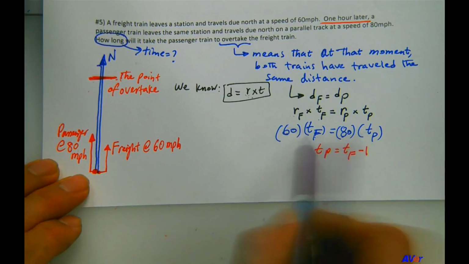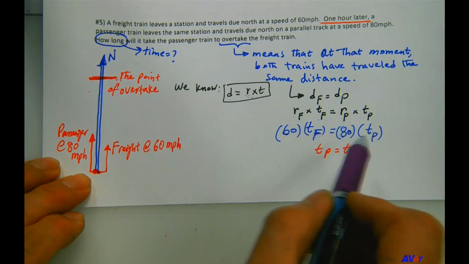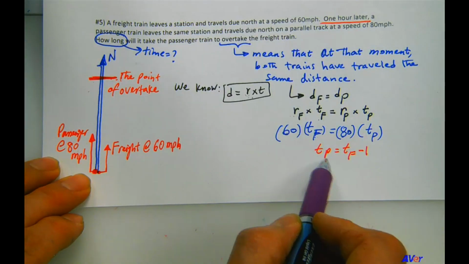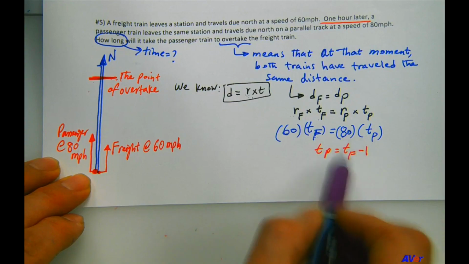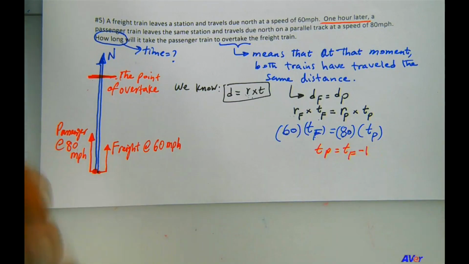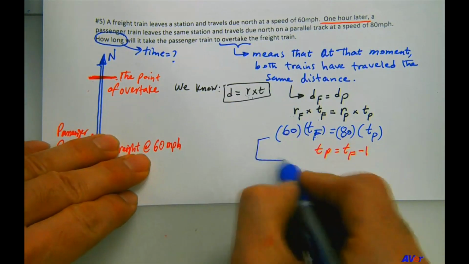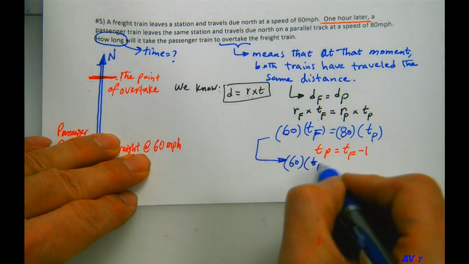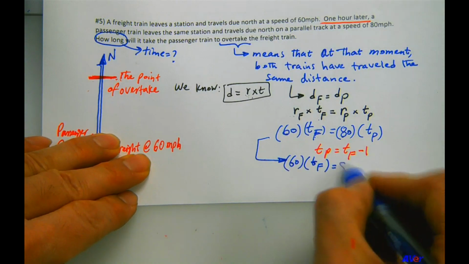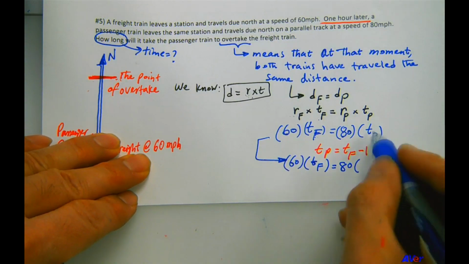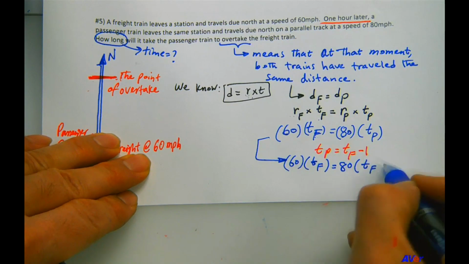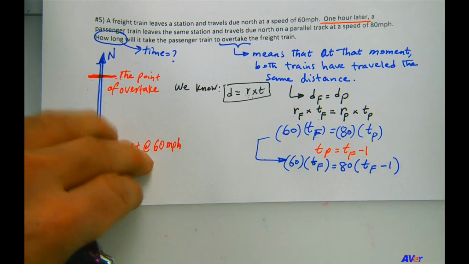So in this top equation, let's replace T, the time of travel for the passenger train, or TP, with this equivalent of it. Okay? So we say 60 times TF equals 80 times, instead of TP, TF minus 1, right?